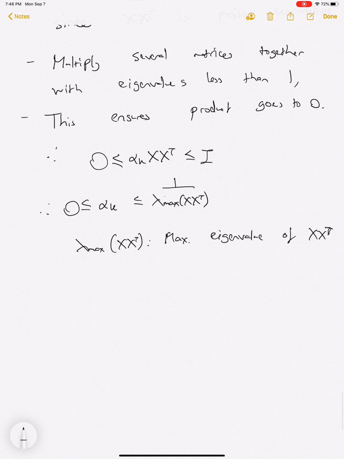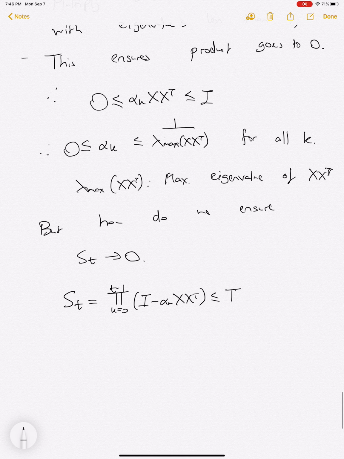But how do we ensure that st goes to 0? And so to do that, I'm going to use an approximation here. Or not an approximation, but an inequality. I'm being a little bit loose with the matrix notation here, because we're taking exponentials of a matrix.